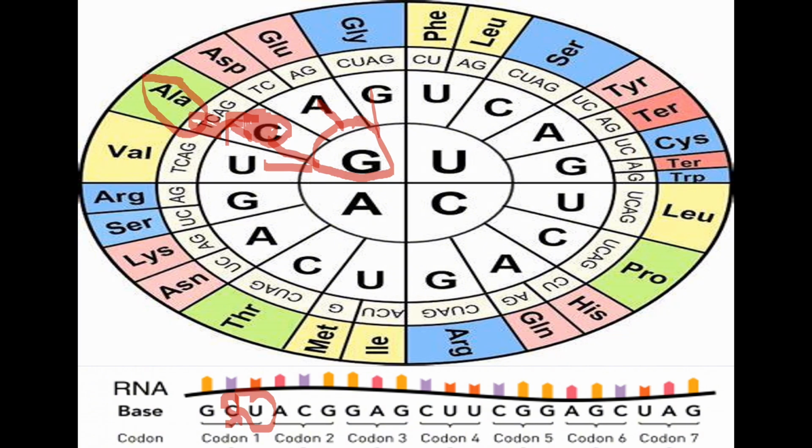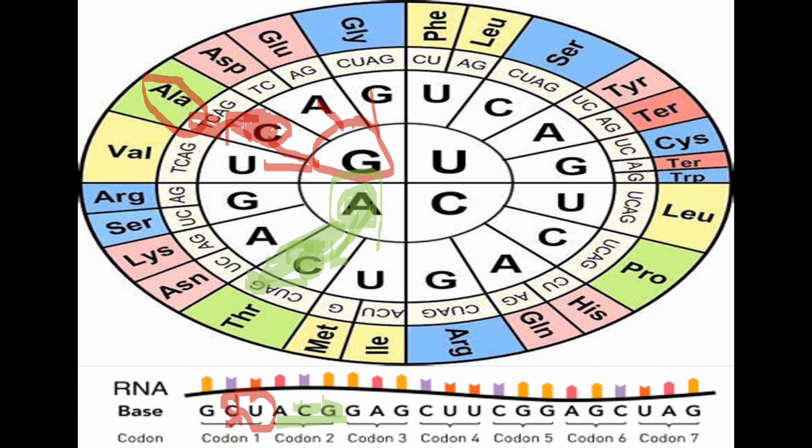Another color to go to the next one, ACG. So the first letter, the central circle, A. In front of A we have the second letter here, it's C, so we'll go to C. Then the third letter is G, go to G. Okay, so this is the path that we have to follow.